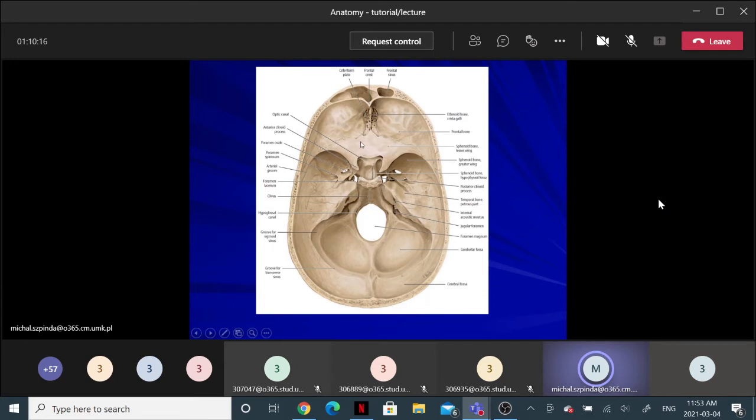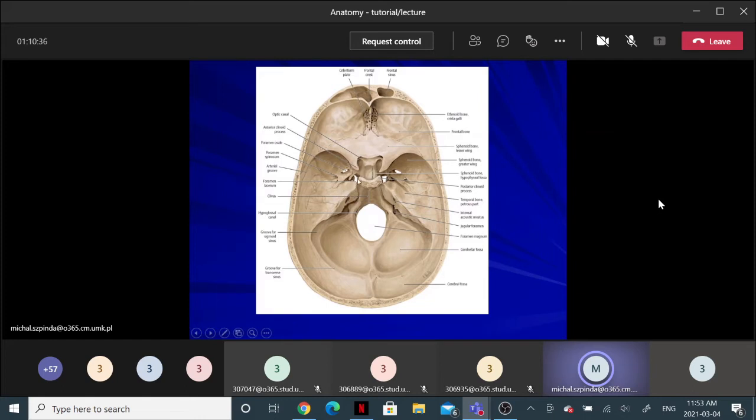This means that the middle cranial fossa communicates with the pterygopalatine fossa both directly through the foramen rotundum and indirectly through the foramen lacerum.